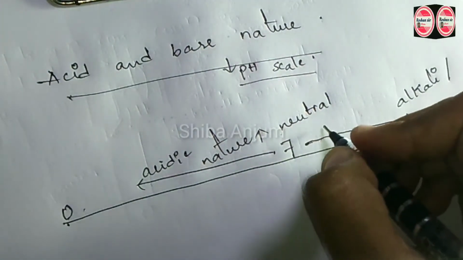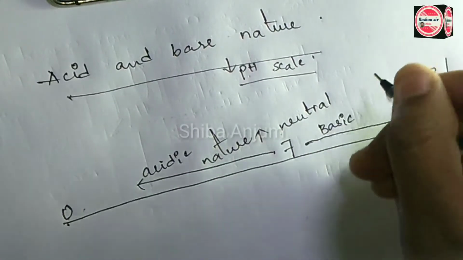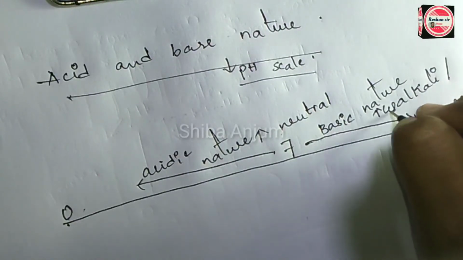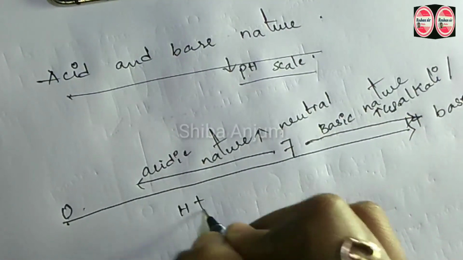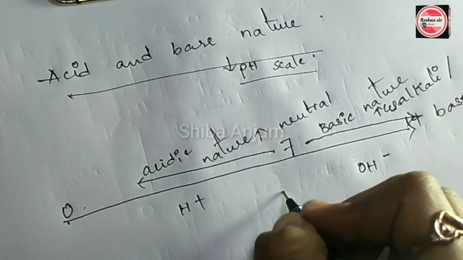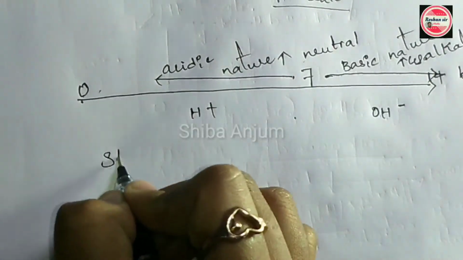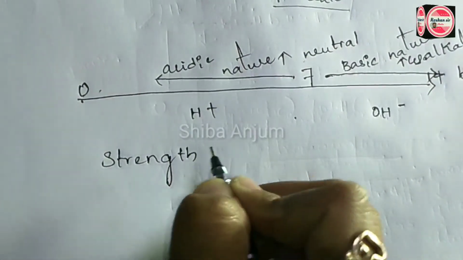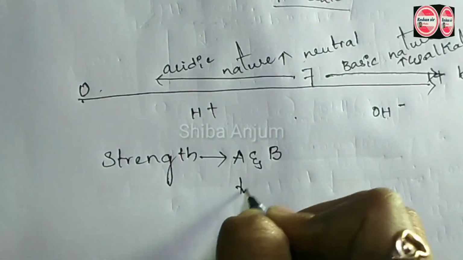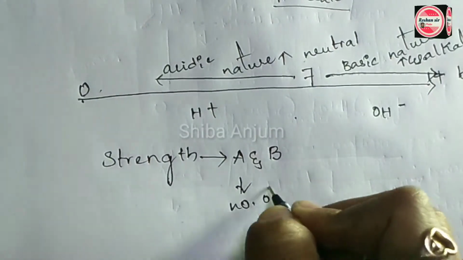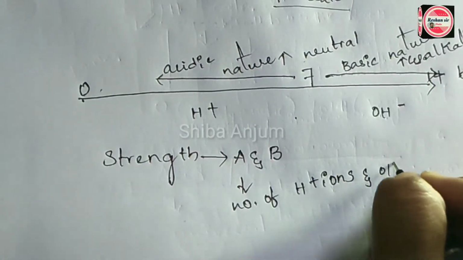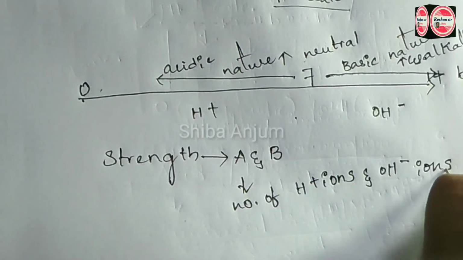From 7 to 14, basic nature increases. The strength of acids and bases depends on the number of H plus ions and OH minus ions respectively.